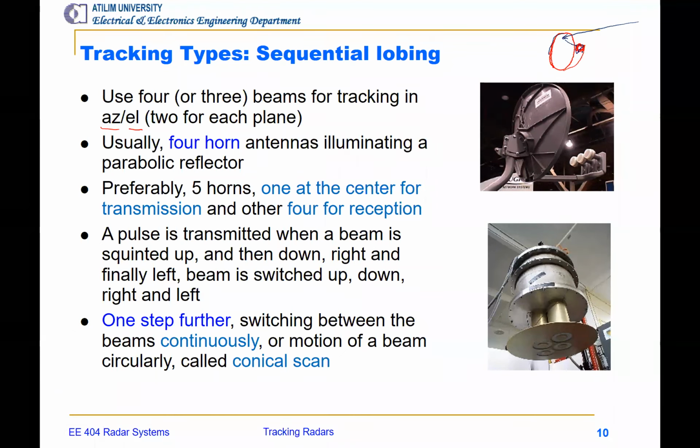The horn is positioned such that it collects all the energy reflected from this parabolic dish. So the reflector antenna and the horn antenna are simply designed to collect all energy reflected from the parabolic dish.